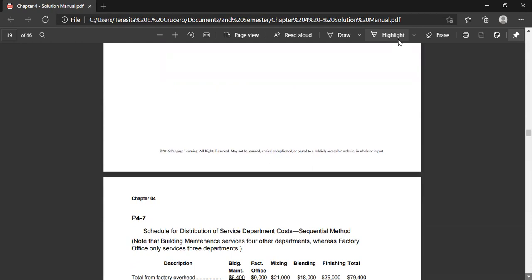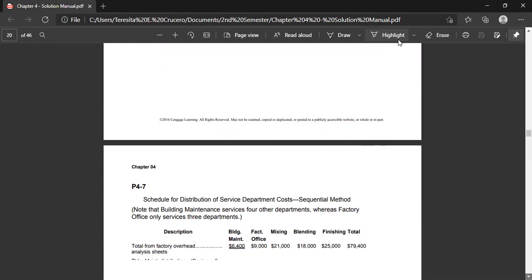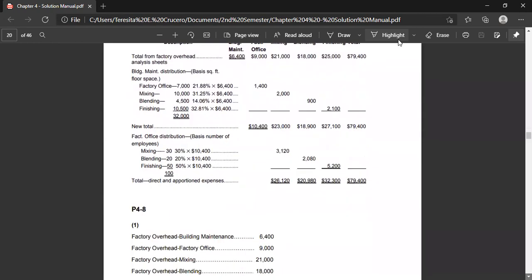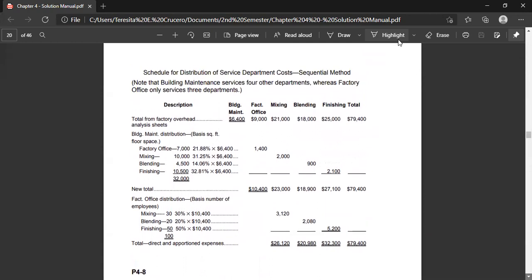We go to for the seven. Still for the seven, we'll make use of the data, and for the six, prepare a schedule showing the distribution of the service department's expenses using the sequential distribution method in the order of number of other departments served.